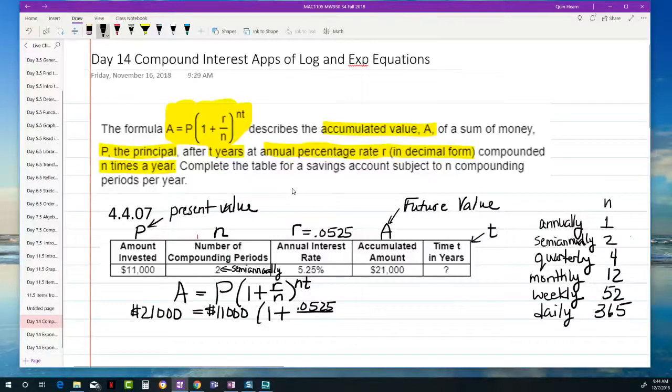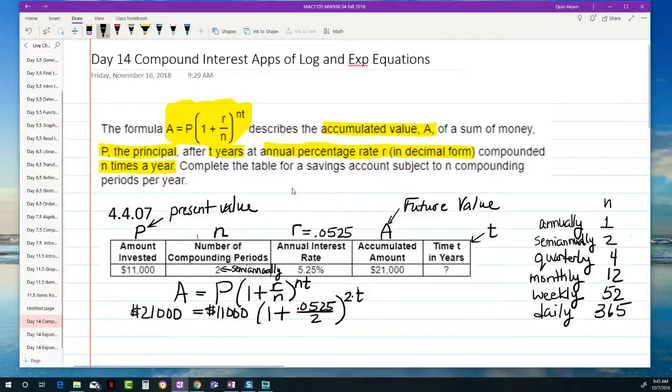But this one, they actually told us the n value is 2, and then we're going to raise it to the 2 times the number of years, but we don't know that, so we're going to call that t. Okay, so now what we need to do is we have an exponential equation.